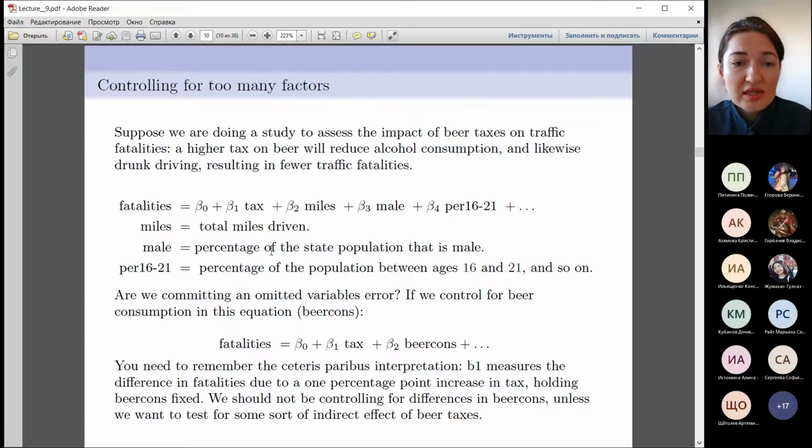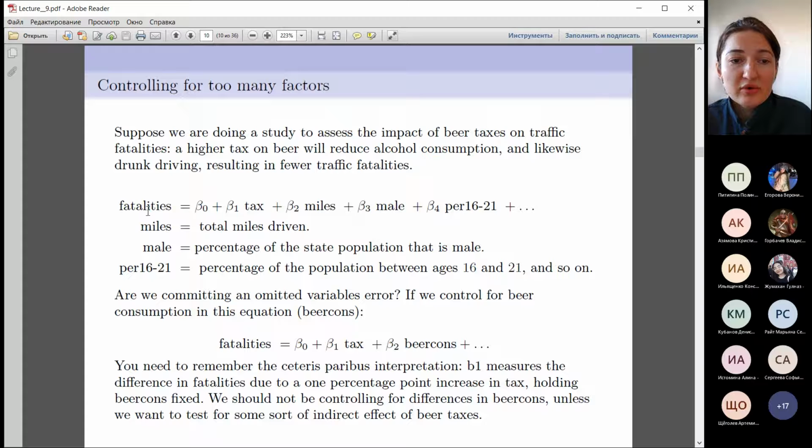It doesn't matter in this case, because we need to discuss what will happen if after this step, for example, you think that it's not enough, and you want to include the variable of beer consumption literally and directly in this equation.